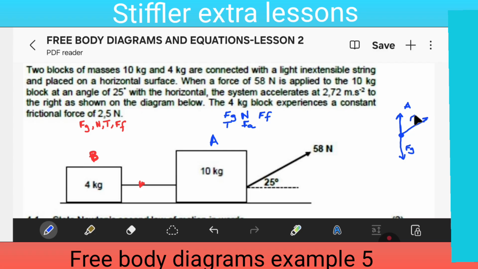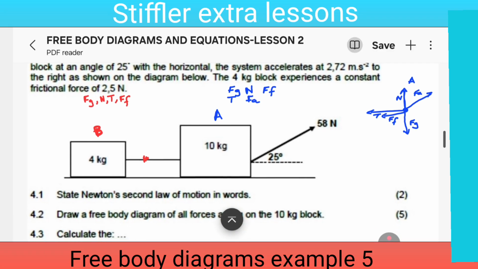So this is our force applied, this is our normal force, and we also have the tension that will go in the opposite direction from this. So this is our tension, and we also have the frictional force. So this is the free body diagram of object A.